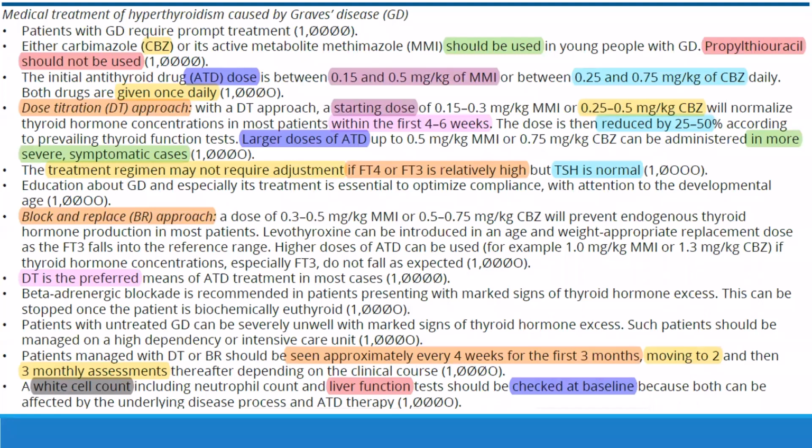After that, we will reduce the dosage of carbimazole by 25 to 50% according to the thyroid function test. In very rare situations, we need a larger dose of antithyroid drug, more than 0.5 or 0.75 for carbimazole, which can be administered in more severe symptomatic cases.